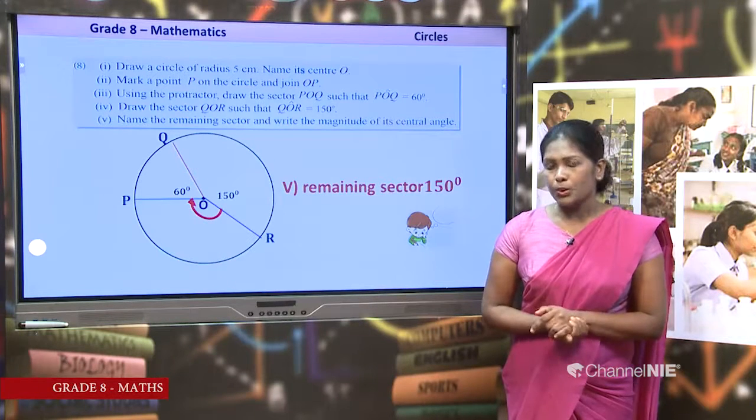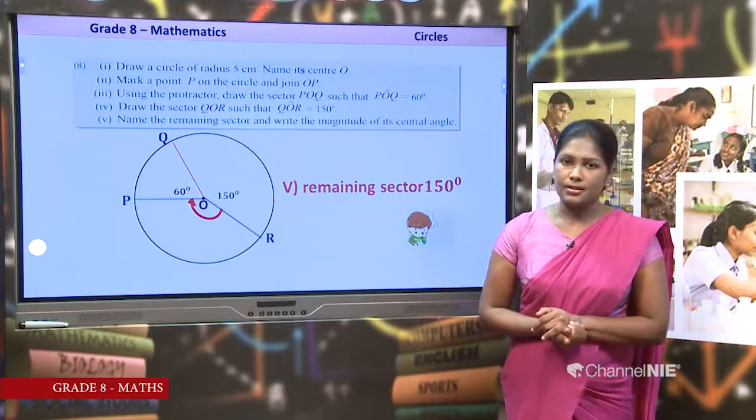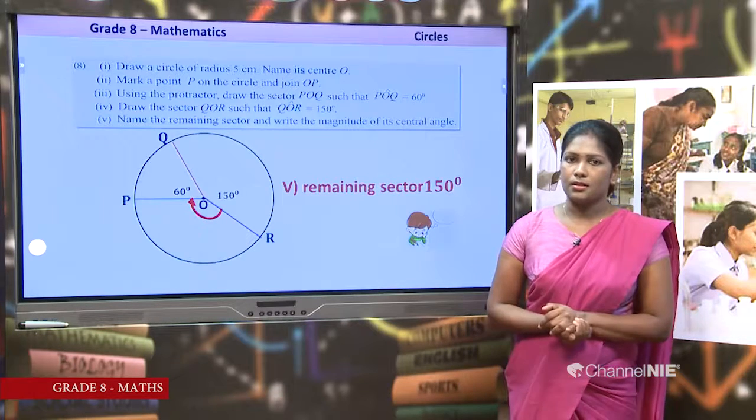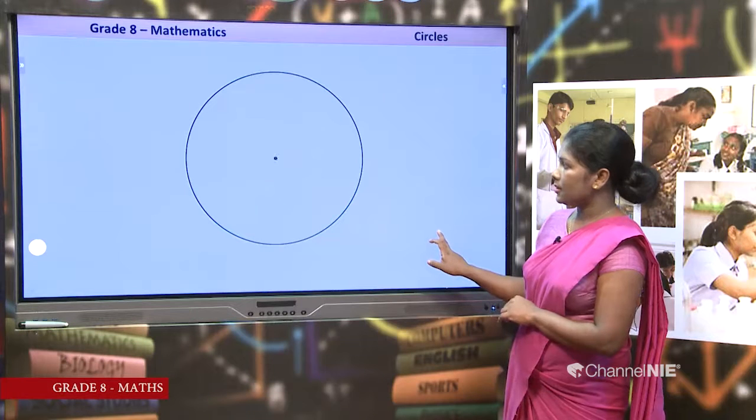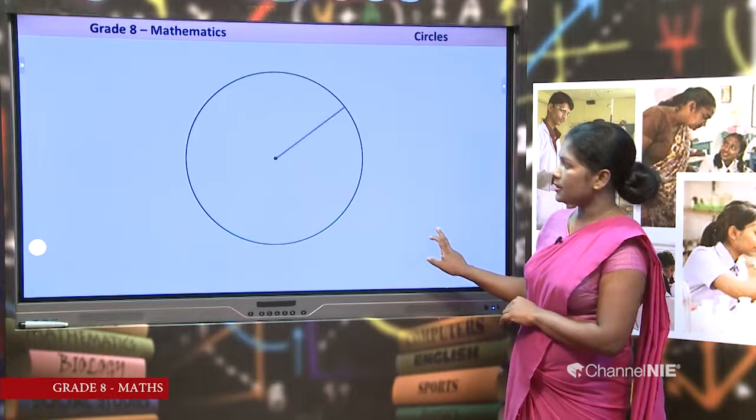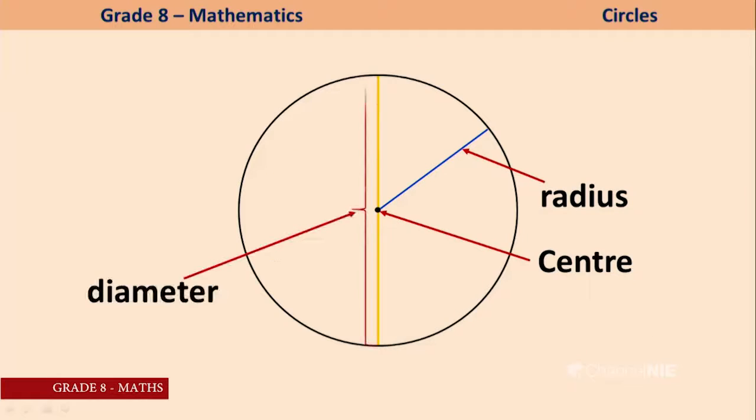And also you learned these theories in grade 6 and 7. So, what are they? We learned center and radius, then diameter, those things we learned in grade 6 and 7. And also in grade 8, you learned segment and sector.